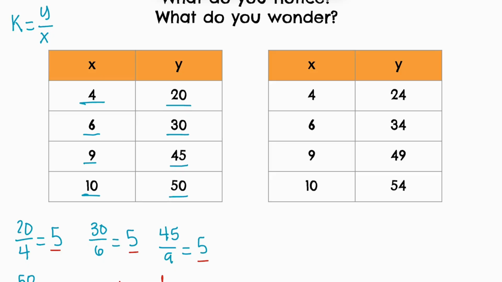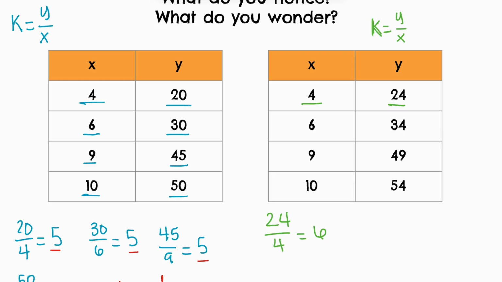On my second table, same thing. We're going to take k equals y over x. My first y value is 24. My x value is 4. 24 divided by 4 is 6.